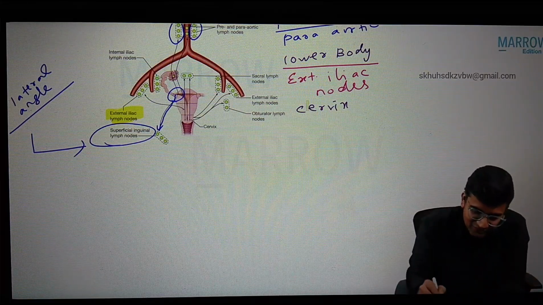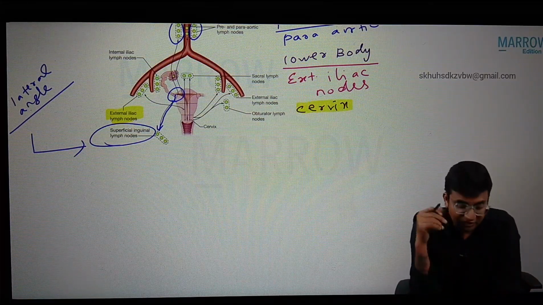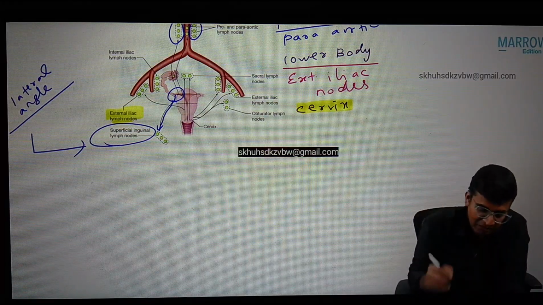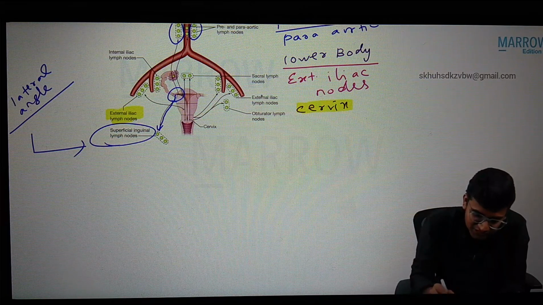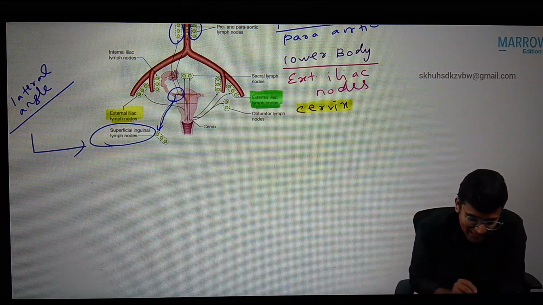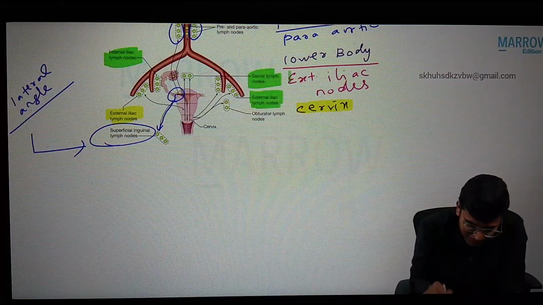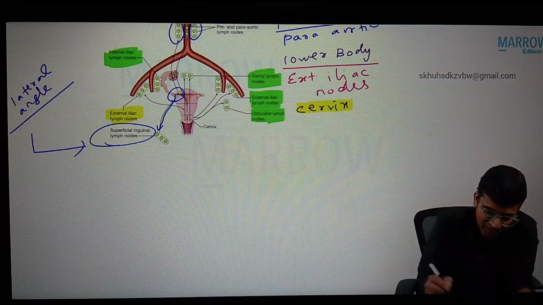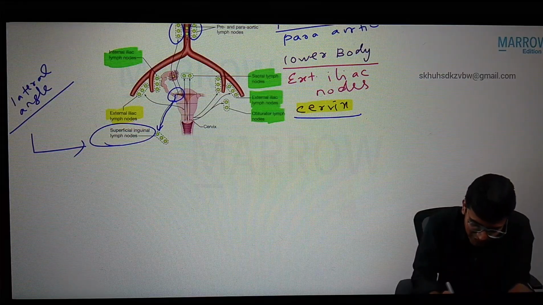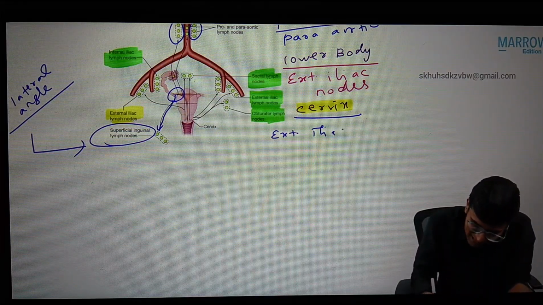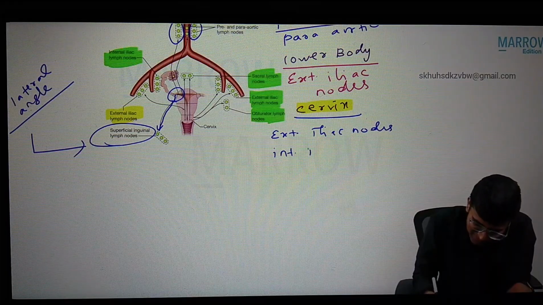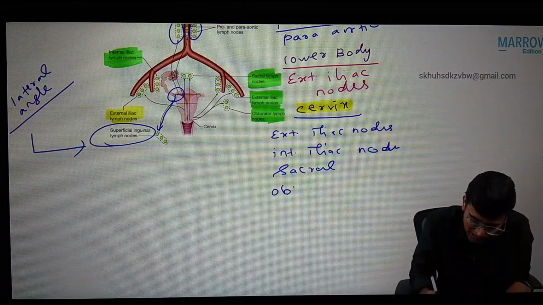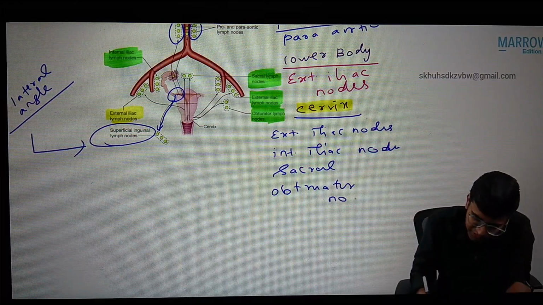Now, the lymphatics from the cervix go to all the areas except the superficial inguinal nodes. That is very important. Lymphatics from the cervix go to external iliac nodes, internal iliac nodes, sacral nodes, and obturator nodes, but not to superficial inguinal nodes.